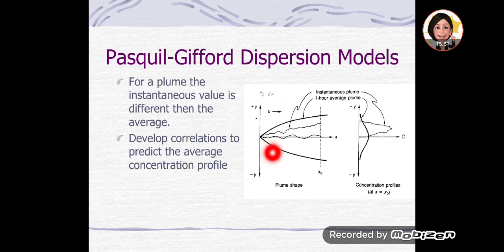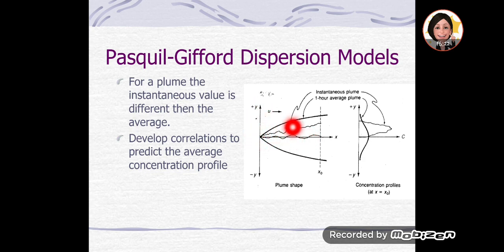This is another visual of the instantaneous value. That means immediately when the plume occurs, this will be the plume size, but after an hour there will be an average that covers a wider area. This is where it starts, this is your y, and this is the wind direction.